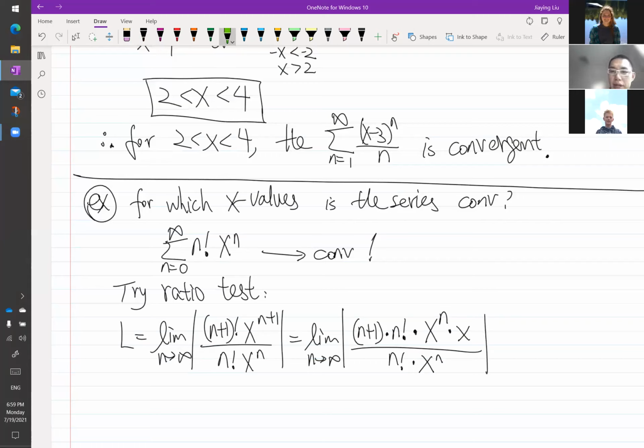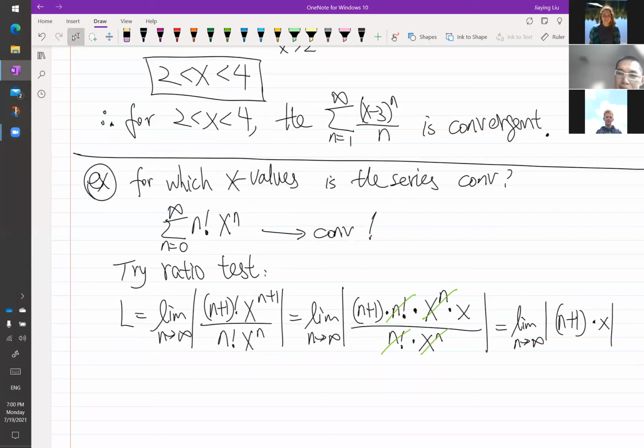Now the x to the n cancels, and n factorial cancels. It just leaves us the limit as n goes to infinity of the absolute value of (n+1) times x.